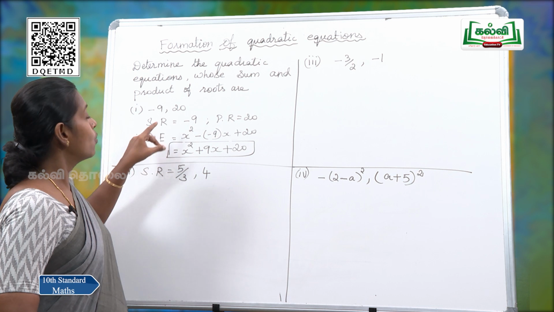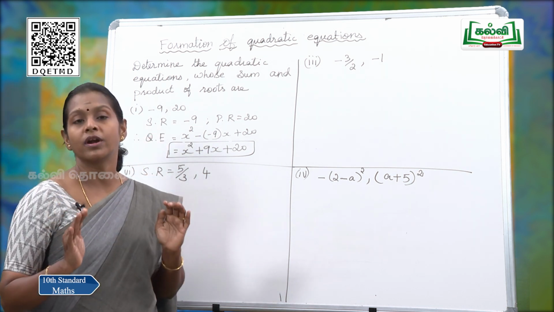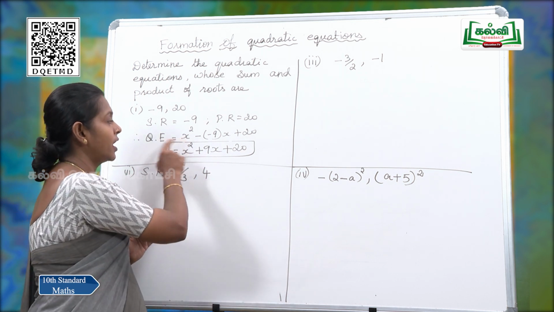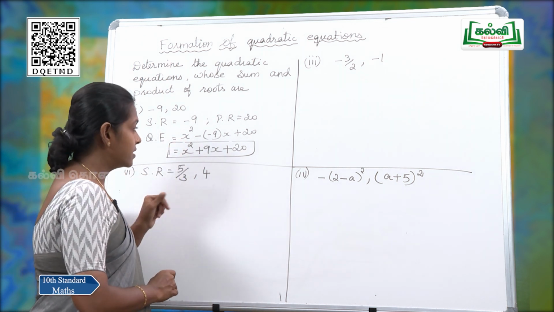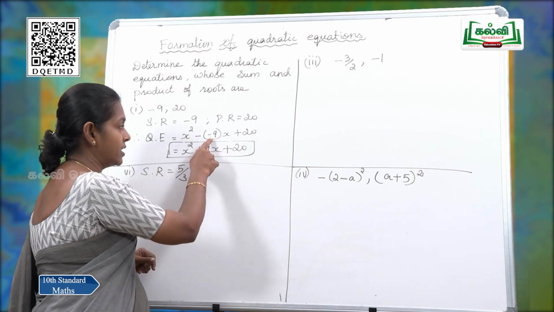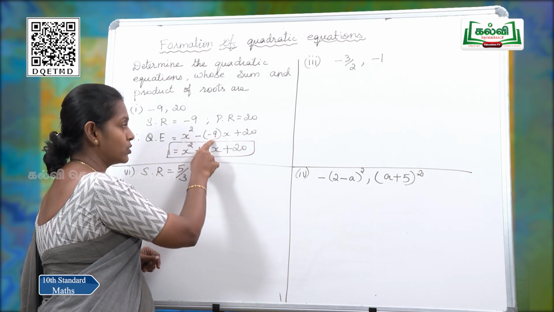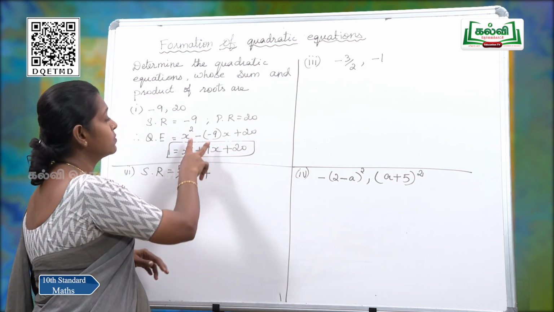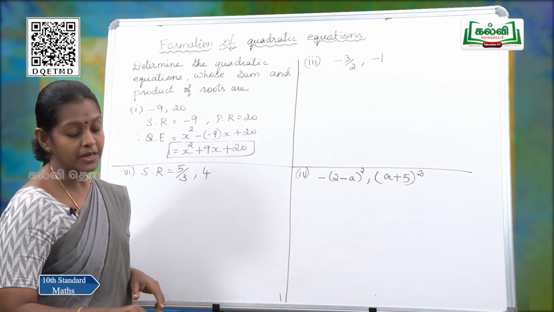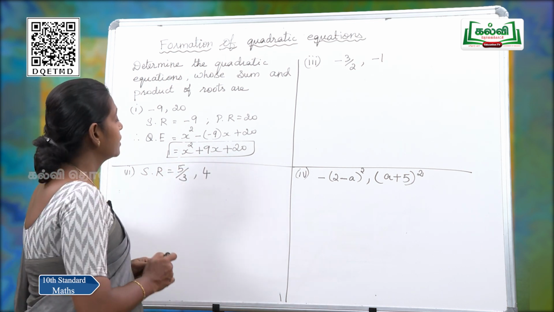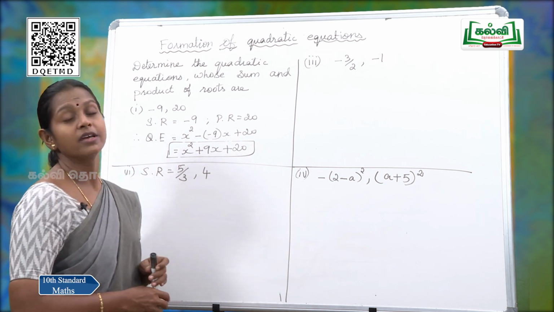What is the general form of the quadratic equation we discussed just before? x squared minus 9x plus 20, that means x squared minus (sum of roots) x plus product of the roots. Multiplying those minus signs, you will get x squared plus 9x plus 20. So this is the quadratic equation.